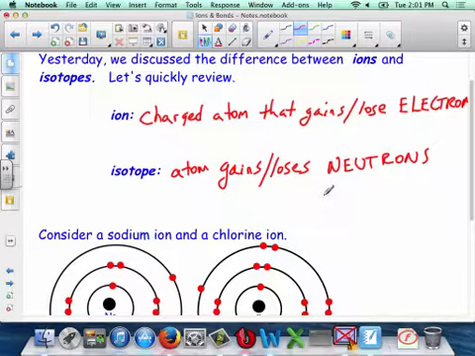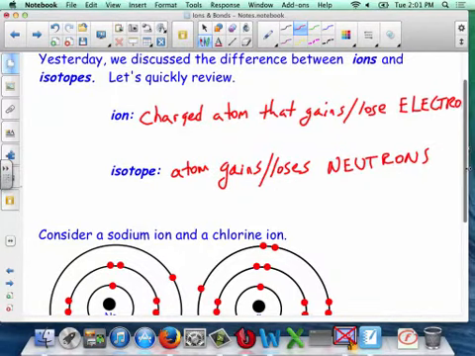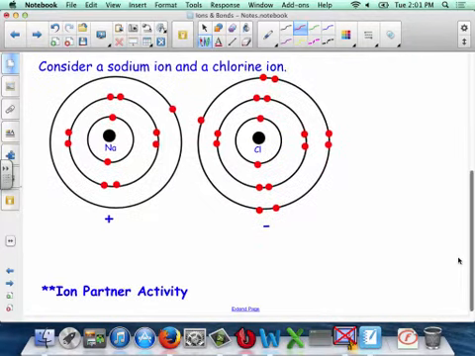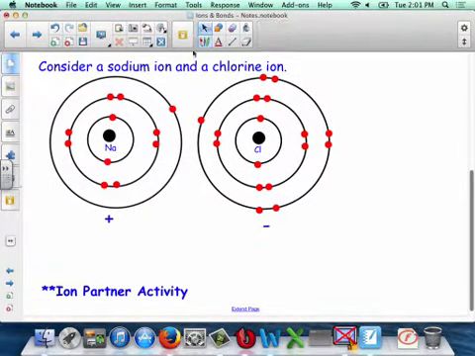Really important there. And we can see this model down here with sodium and chlorine. Sodium has a positive charge, and the reason why is this little electron out here all by itself. Sodium is like, man, I'm all happy except I got this guy that keeps tagging along in my little group and I want him to go away. And chlorine's like, hey, I got an open slot.